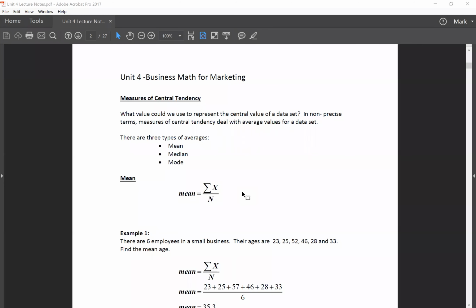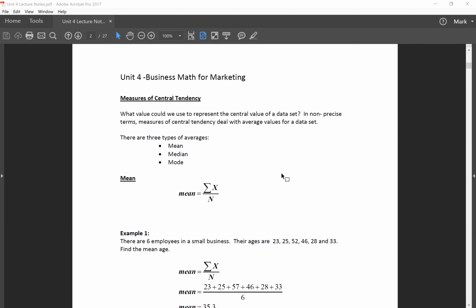We're going to keep it pretty simple. This is probably some stuff that you did in high school, maybe even before high school. So we're going to look at the mean, median, and mode. Measures of central tendency is what they call it.